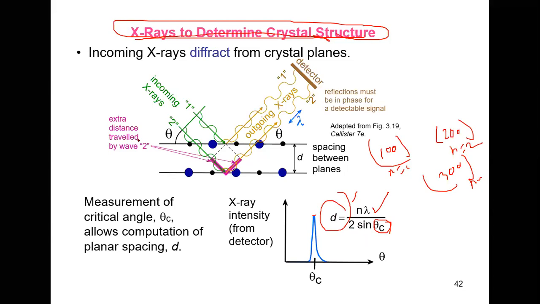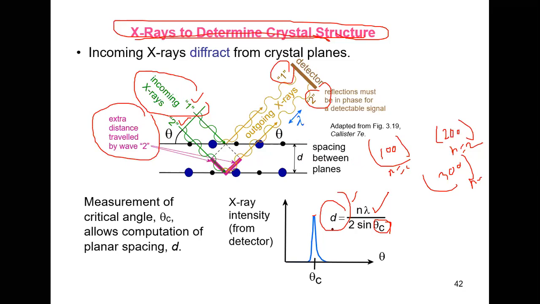Here I showed again the incoming X-ray beam number 1 and beam number 2, and the outgoing X-ray beam number 1 and beam number 2. These are the path difference, the extra distance traveled by beam number 2, and this is the interplanar separation, which I mentioned earlier.